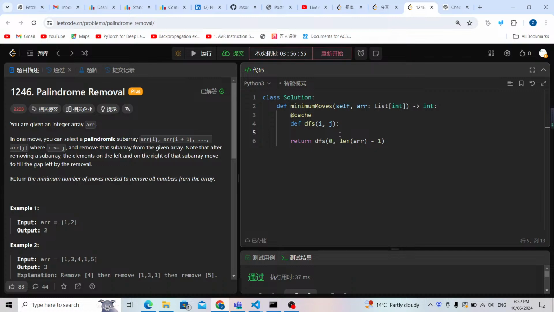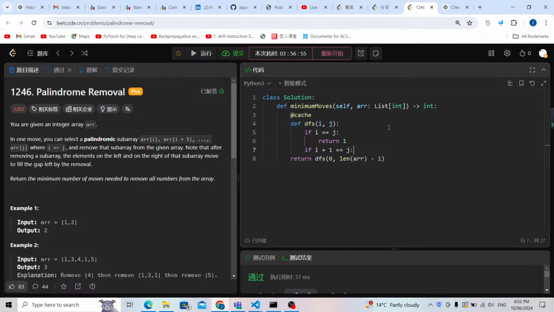Now let's check the edge cases first. There are 2 cases. For one case, i equals j. We're going to return 1 directly because it is only 1 character. But what if i plus 1 equals j? This means i equals j minus 1.